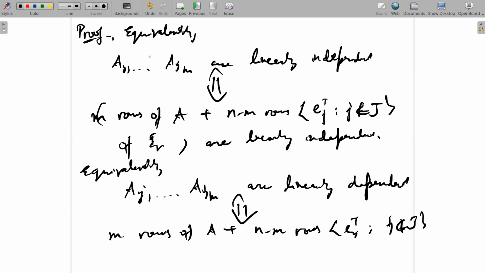Here this j is in J, here you're saying j is not in J. Treat them distinctly: m rows of A and n minus m rows of I_n are linearly dependent. This is what we'll be proving now.